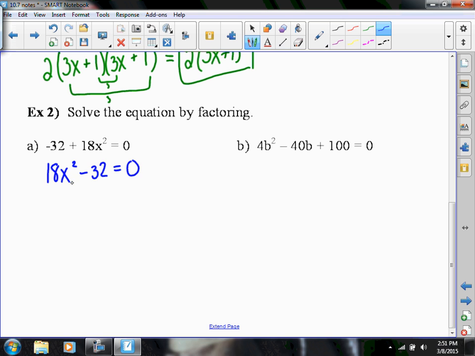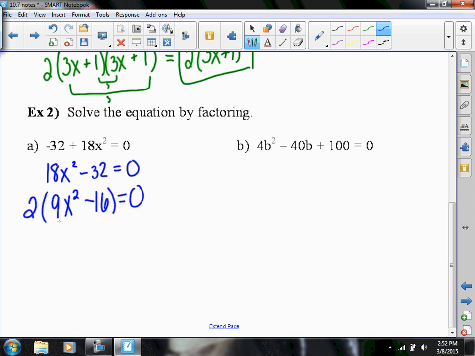Now, I only have 2 terms, so this is probably going to be a difference of 2 squares. But if I look at 18 and 32, I could take out a greatest common factor. I could take out a 2 from each of those because they're even. And then that would leave me with 9x squared minus 16.